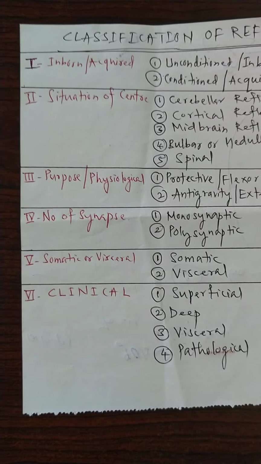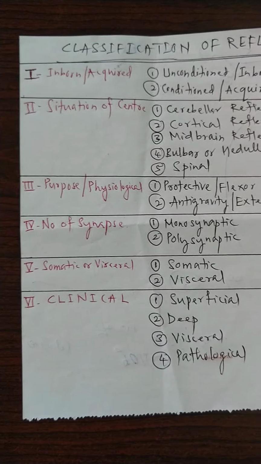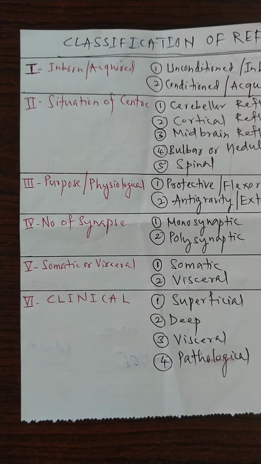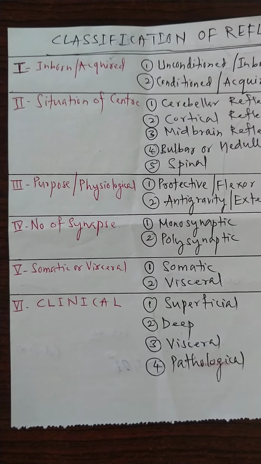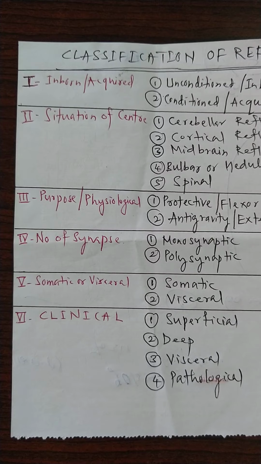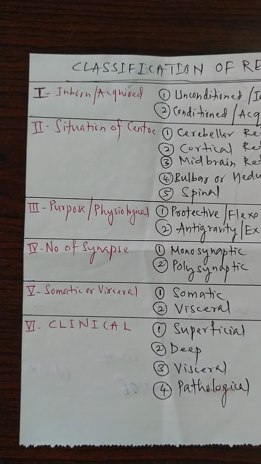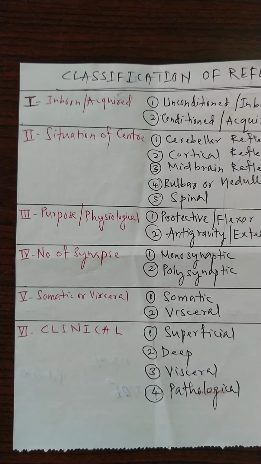Then the third classification is depending upon the purpose, also called the functional or physiological classification. Here there are two types of reflexes: protective or flexor reflex, and anti-gravity or extensor reflex. Protective or flexor reflexes are also called withdrawal reflexes.